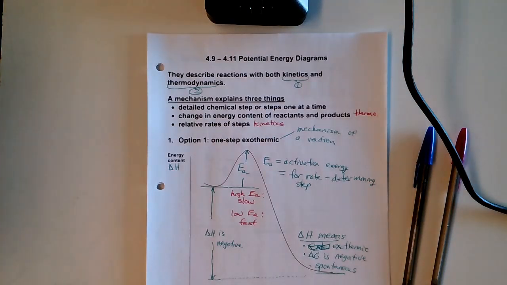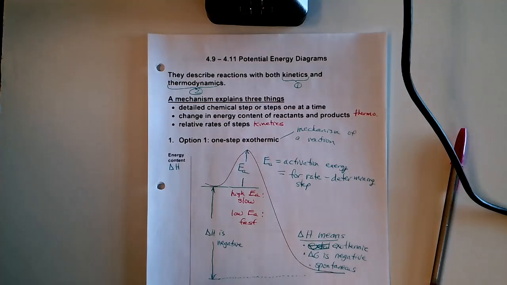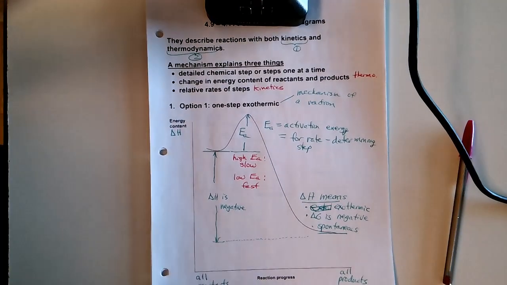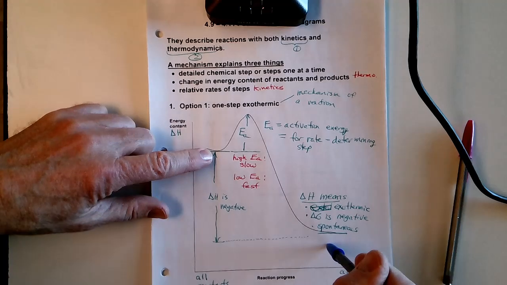Okay, to begin with today, just a very, very brief review of where we were. I won't write anything down. There were 4 options for what a potential energy diagram could look like, and there's a little bit of interpretation you put on each one. The first 2 were both for an exothermic reaction, and that means that you start one place and you end up lower.